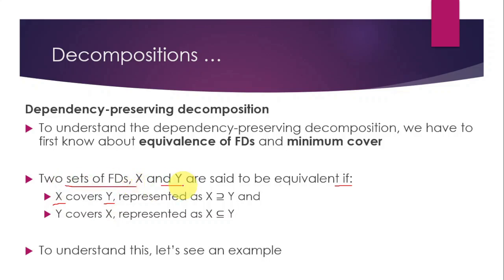One set is X, another one is Y. If we can say that X covers Y, which is represented like this, and we can also say that Y covers X, which is represented like this, and both these things are true, then we can say X and Y are equivalent. Let's see how to do that with an example.